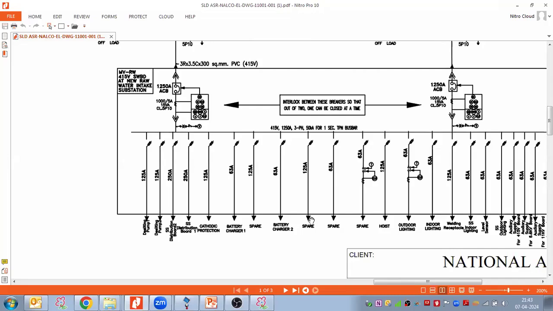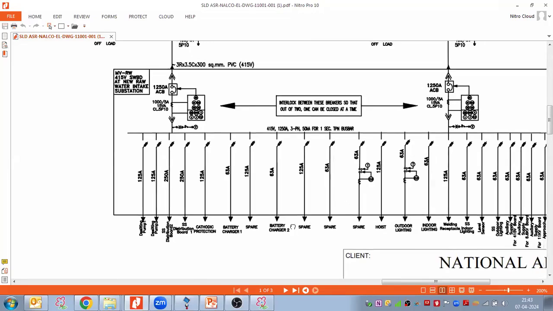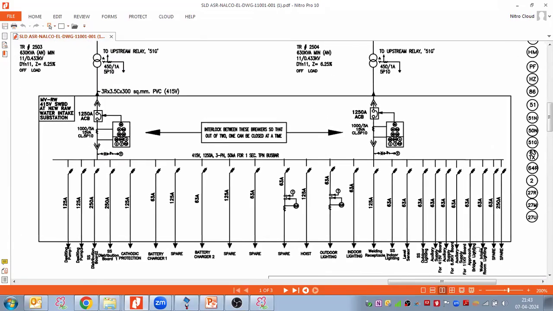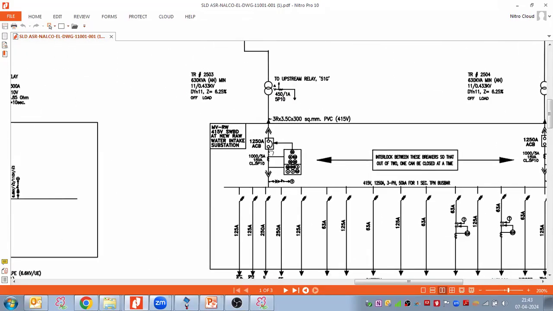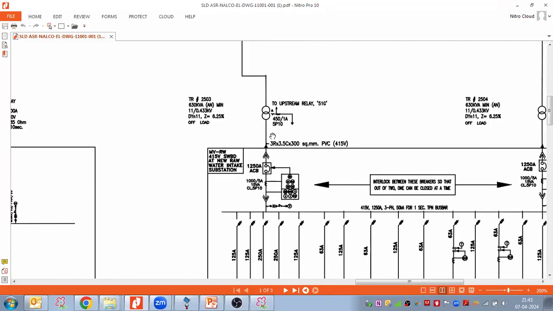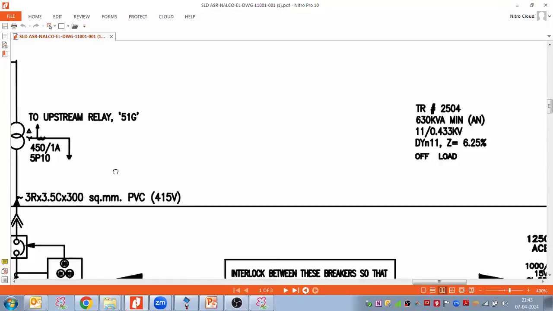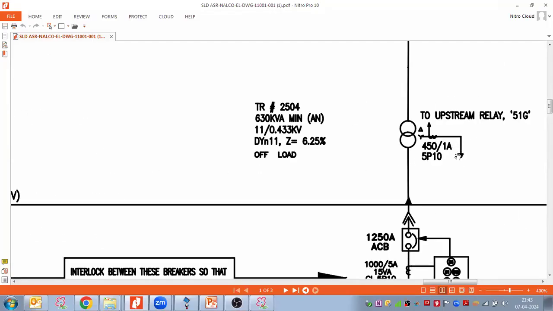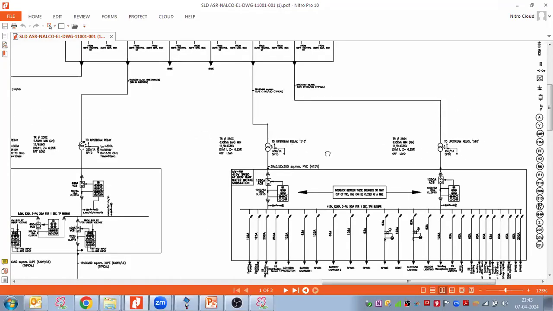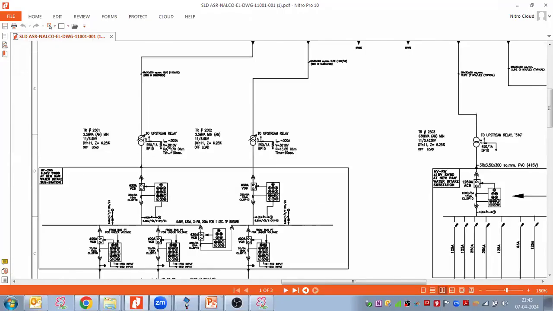There is no big motor connected, like 300, 400, 500 kilowatt, on this transformer side. So here, if you see, they have used solid grounding, and here they have used the NGRs.